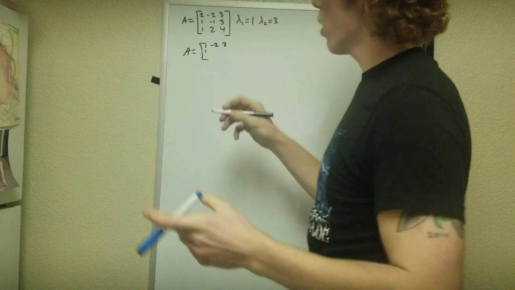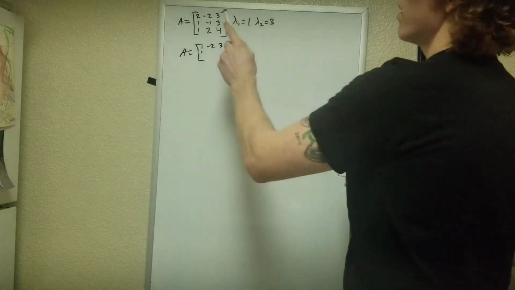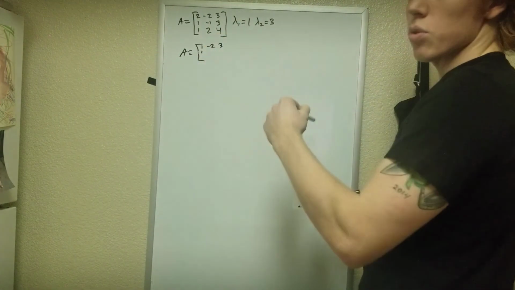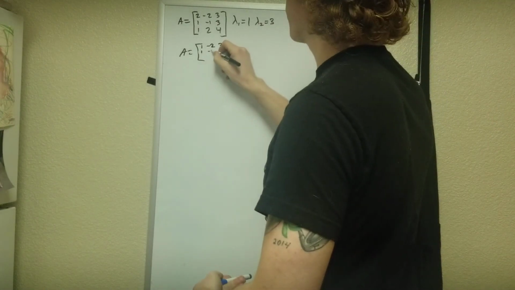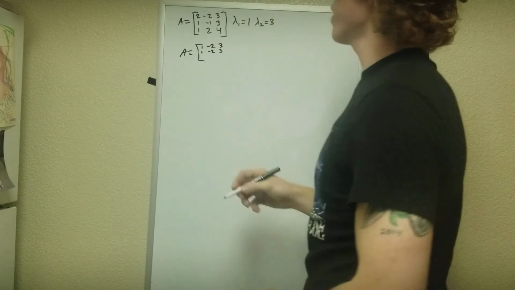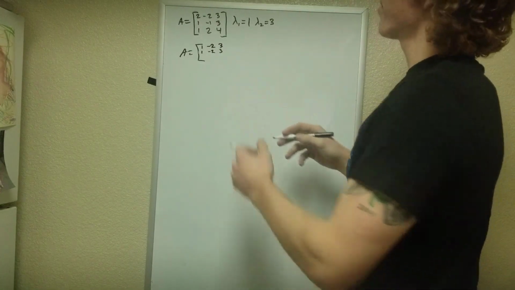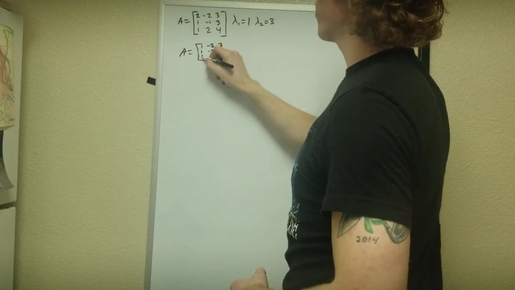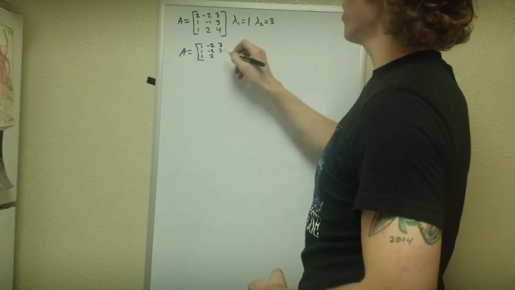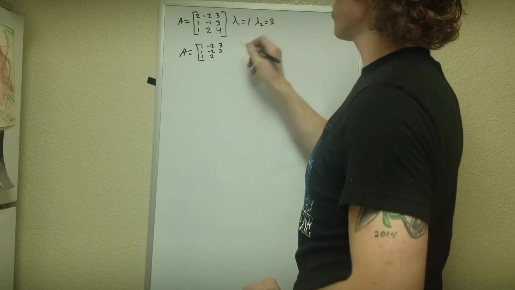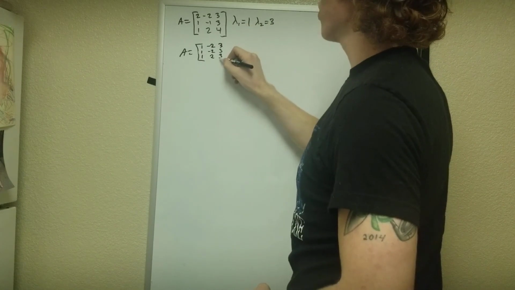So the value would be 1, and then negative 1 minus 1 begets negative 2, and the third value ends up being 3. That looks nice. And then row 3 would be 1, 2, and 4 minus 1 is 3.